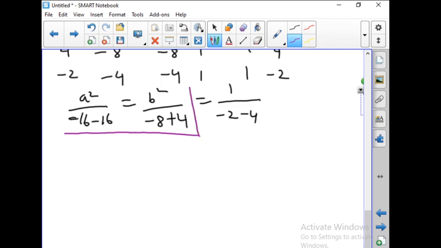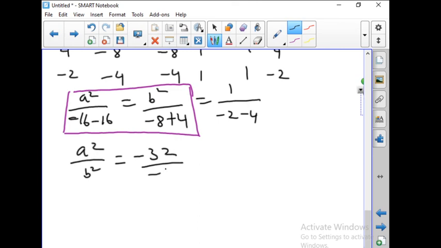Okay, we are taking only these two. So what we get? a square by b square, cross multiplying, is equal to minus 32 by minus 4. Minus divided by minus is plus. So what you get? It is 8. So a square by b square is equal to 8.